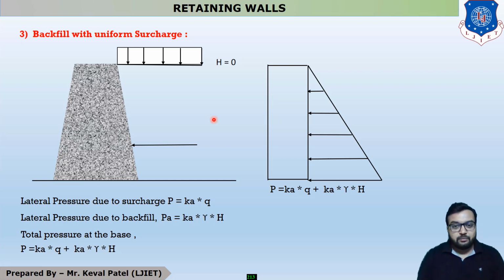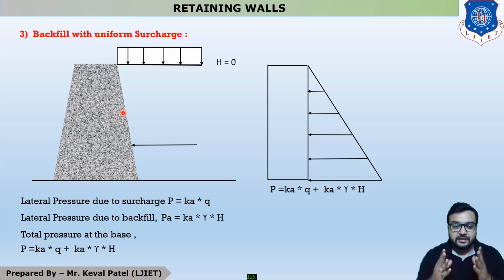So whenever the component is trying to move away, the equation is K into gamma into H. So what is the total value? The total answer is K into q, which is due to surcharge, and K into gamma into H, which is due to soil. Okay. So this is our third case and last case which is useful in this semester.